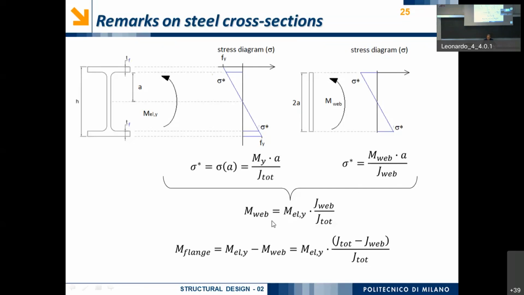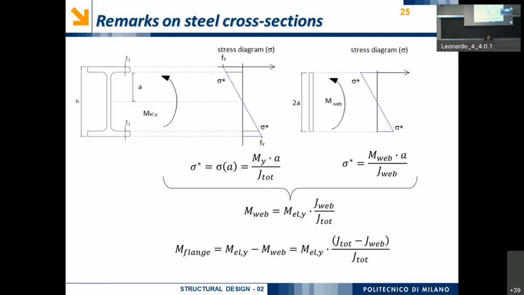And M_web is equal to M_y, in this case, times the ratio between I_web over I_tot. Of course, I_web is lower than I_tot. And in fact, what I expect is that what I have denoted as M_web is a part of the entire bending moment.